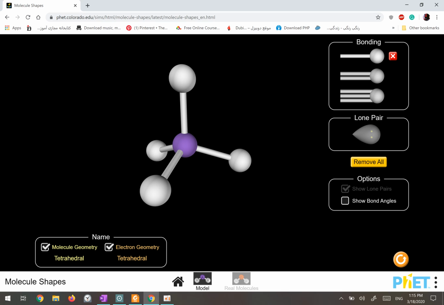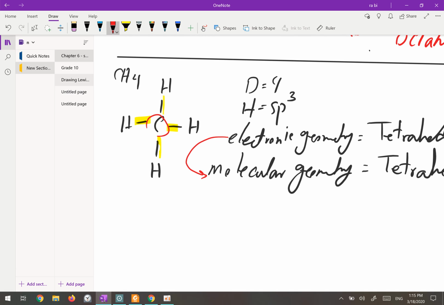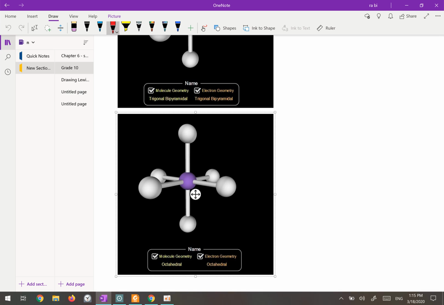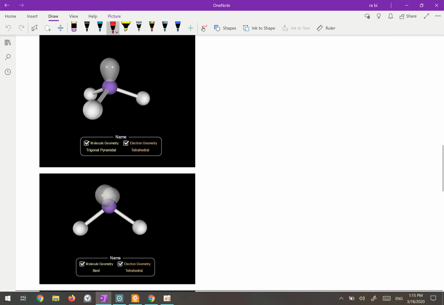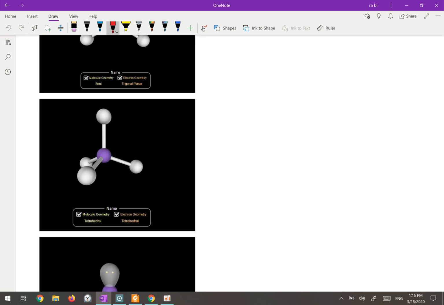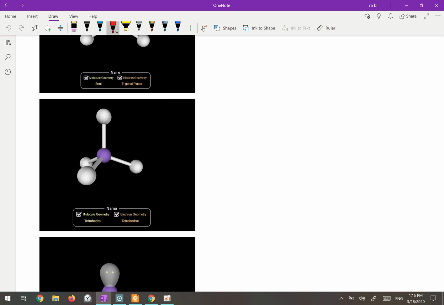So how do you draw that? Let's go here and I will show you how to draw the tetrahedral arrangement. This is the tetrahedral arrangement that we have. You have the carbon here. This bond is on the board, so you write H here.